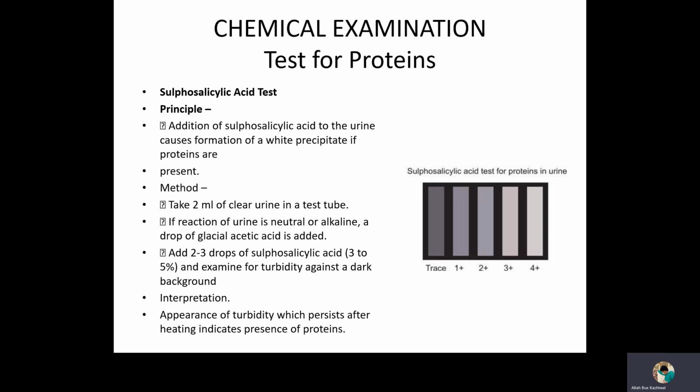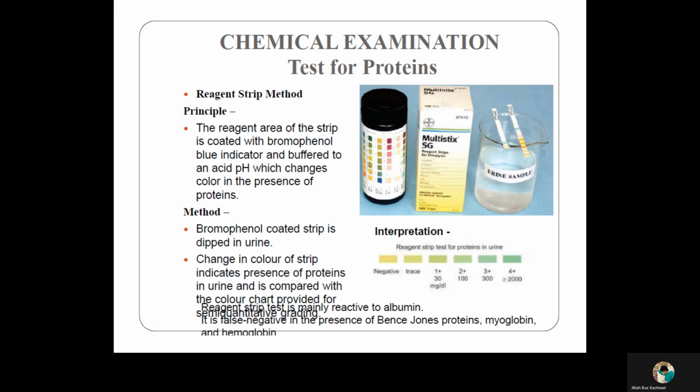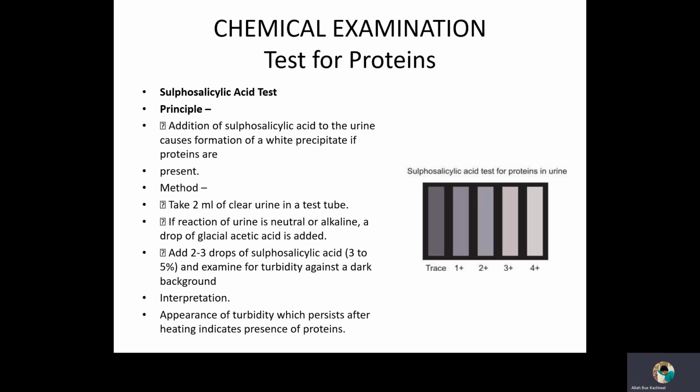If the reaction of the urine is neutral or alkaline, a drop of glacial acetic acid is added. Add 2 to 3 drops of 3 to 5% sulfosalicylic acid and examine the turbidity against a dark background. For interpretation, turbidity that would persist after heating indicates the presence of protein.